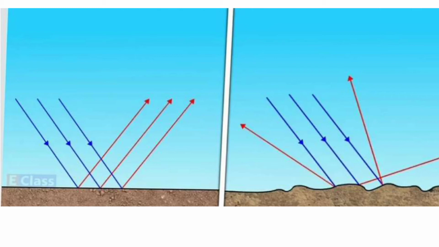What happens is here, so if the surface is plain and smooth, that is called as the regular reflection of line. So whatever reflection takes place, that is called as the regular reflection of line. So in that what happens is, angle of incidence is equal to angle of reflection, and all the lines are parallel, right?